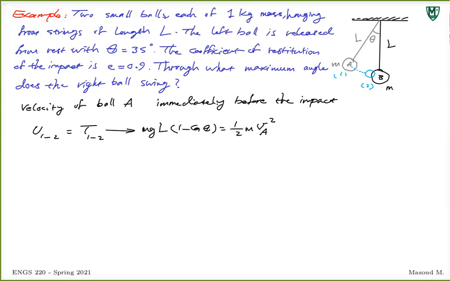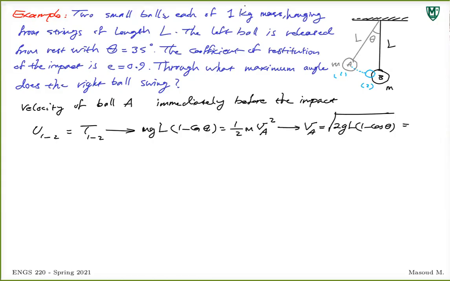V1 is 0, so the second part is gone. And the velocity before the impact is VA. I'll call it VA. From there, you can find VA. You can cancel m's from both sides. It becomes VA squared equals 2gl(1 minus cosine theta).